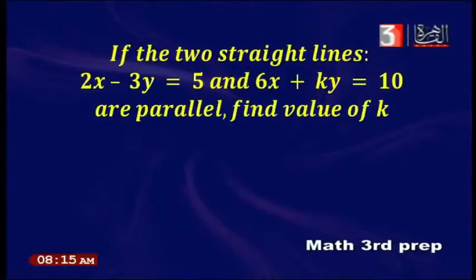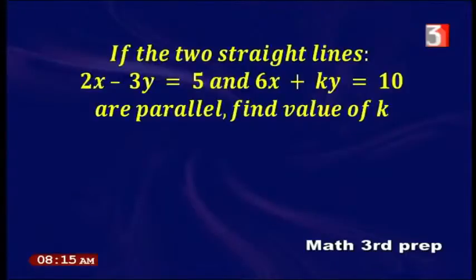When the two straight lines are parallel, of course we have taken that their slopes are equal. Or you are going to notice that 2x becomes 6x, so it is multiplied by 3.